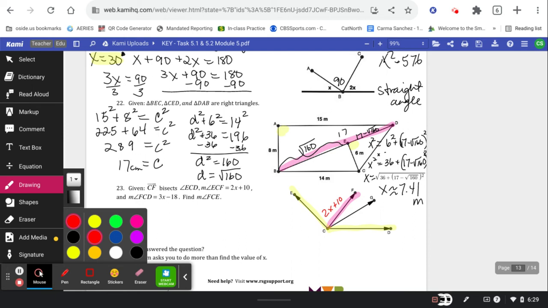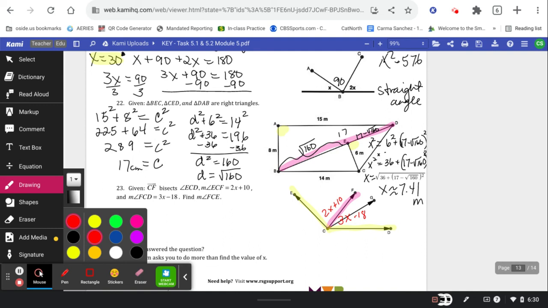And the measure of FCD is 3x minus 18. Find the measure of FCE. ECF is 2x plus 10. FCD is 3x minus 18.